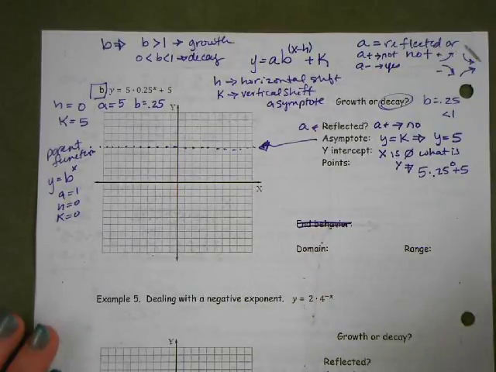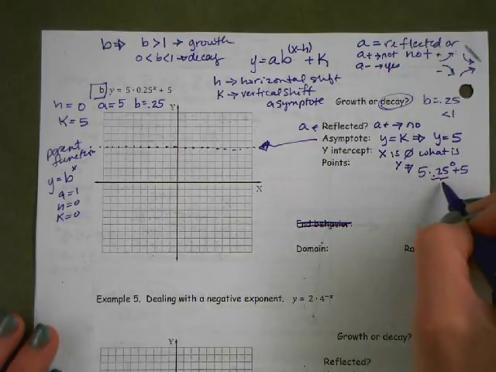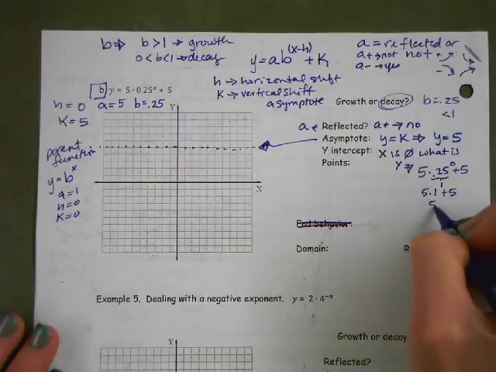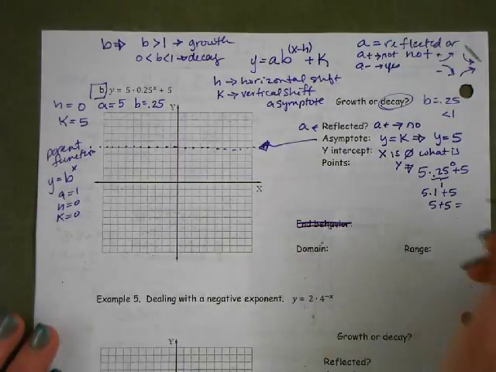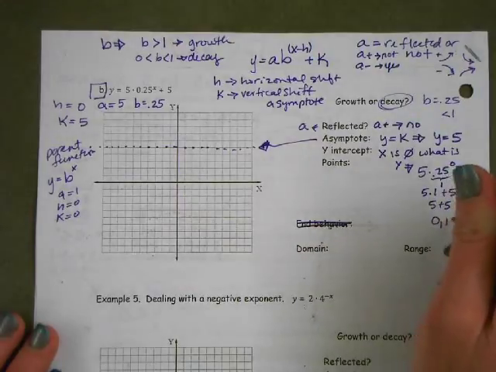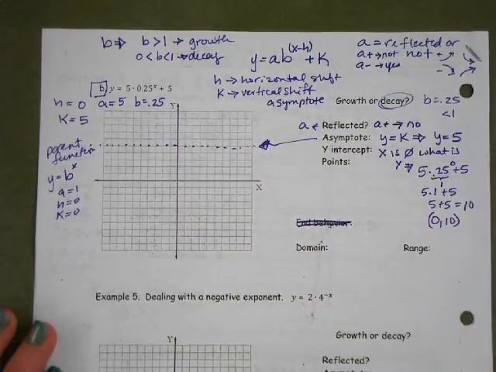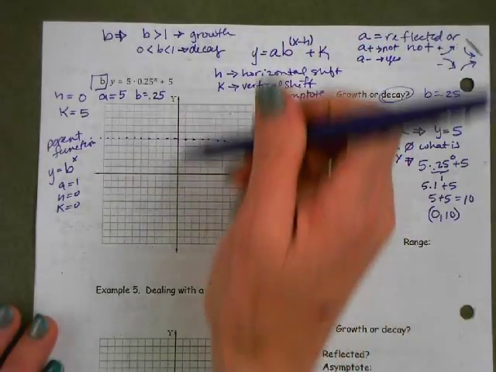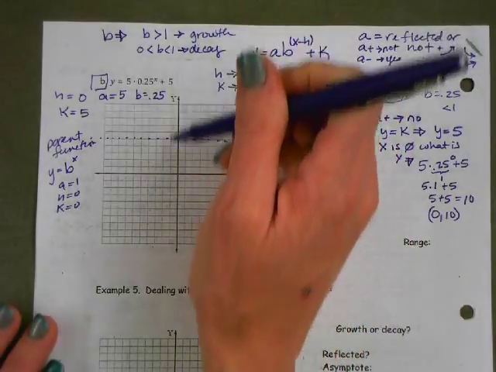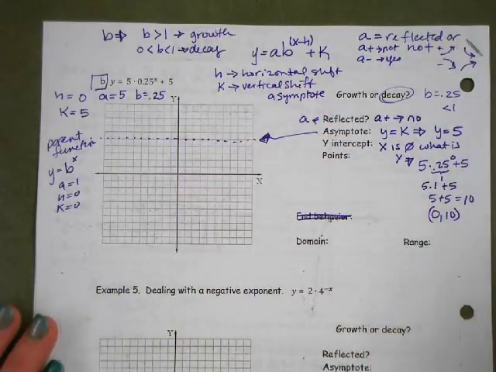Anything to the 0 power is 1. Excellent. So it's 5 times 1 plus 5, so that's 5 plus 5. What is the y-intercept? 10. So 0, comma 10. The y-intercept is when it crosses the y-axis here, so the value of x is 0.